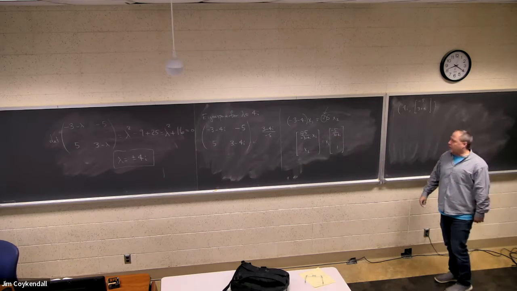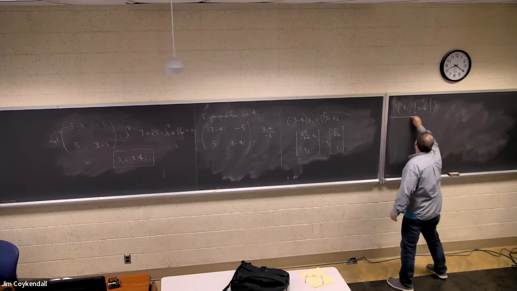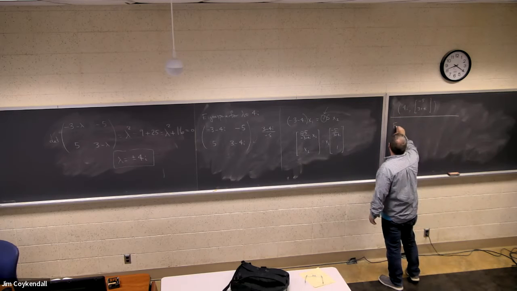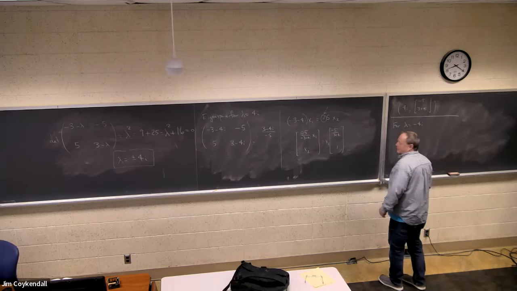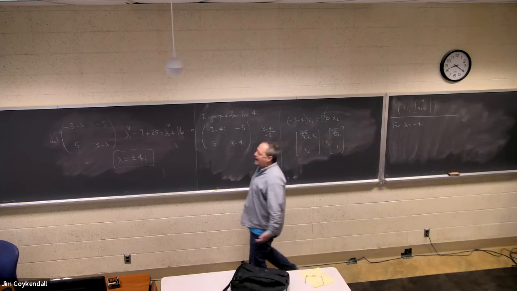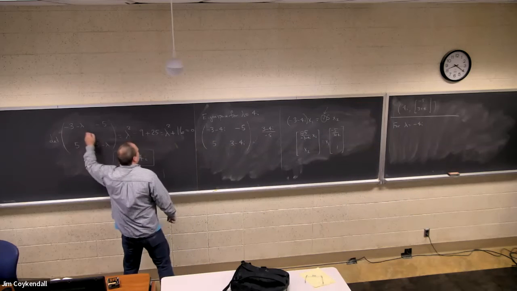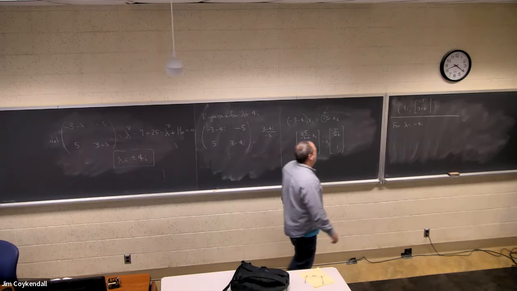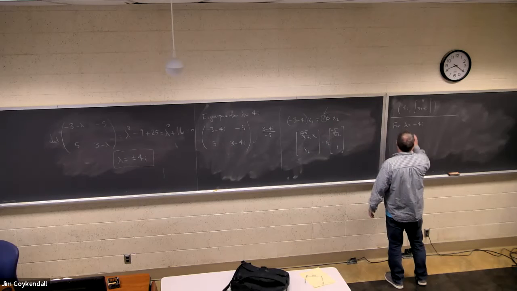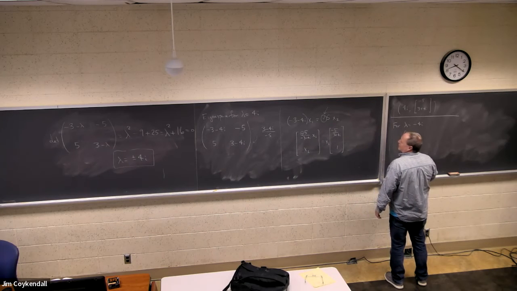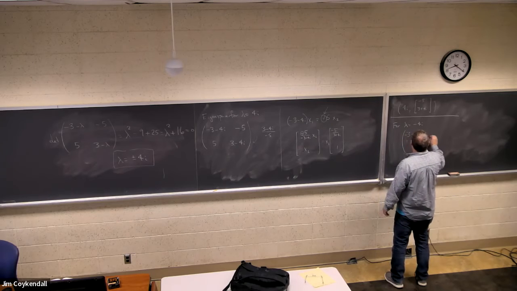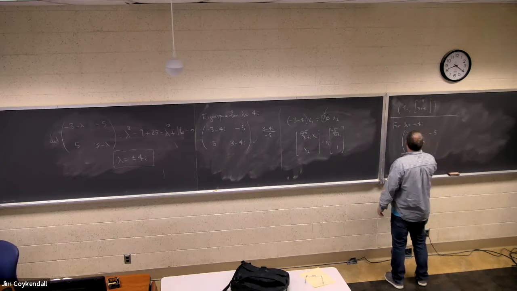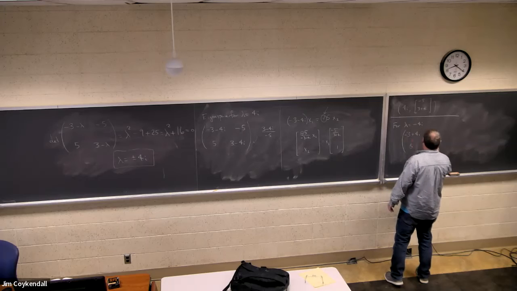What about the other eigenvalue? Now I subtract -4i from this. So that's going to give me the matrix -3 plus 4i, -5, 5, 3 plus 4i.